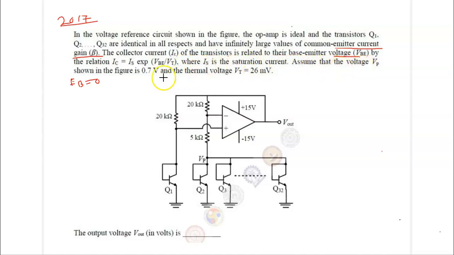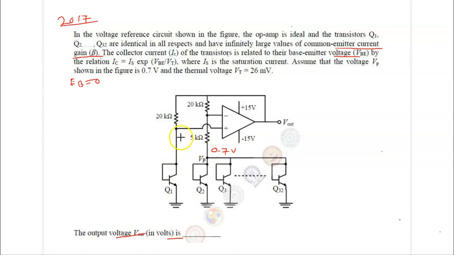Assume that the VP shown in the figure is 0.7 volt. This is your 0.7 volt. And the thermal voltage, that is the voltage equivalent of temperature, is 26 millivolt. So we need to find the output voltage in volt.